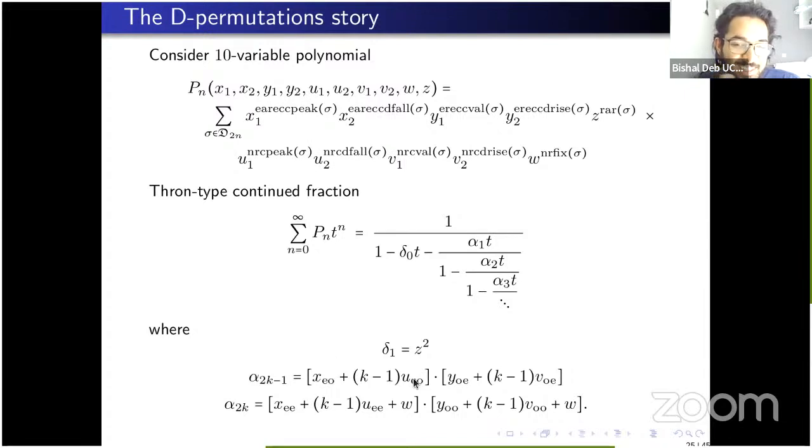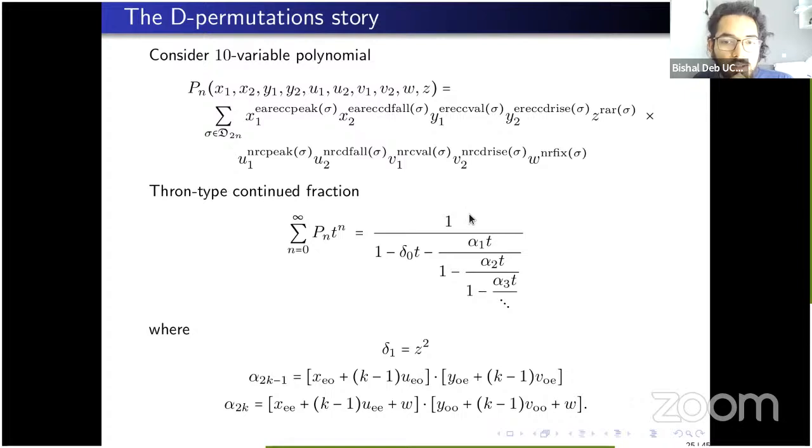So this should be an x1 u1. So this is similar to permutations. So you have x1 u1 y1 v1 x2 u2 w y2 v2, there is w. And so there's a mistake over here in my slides.